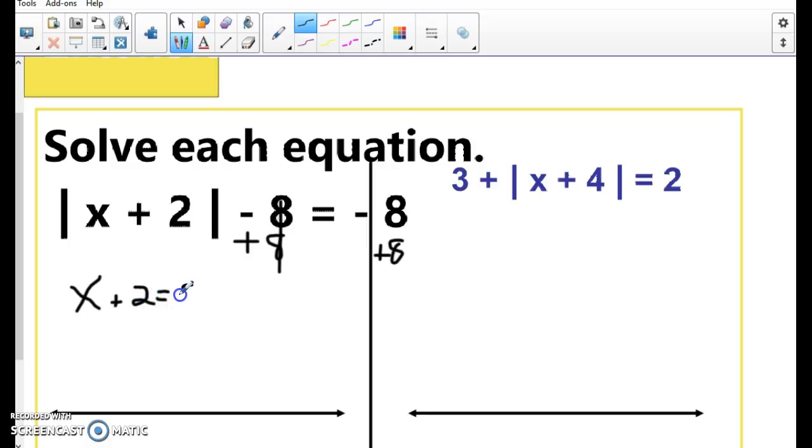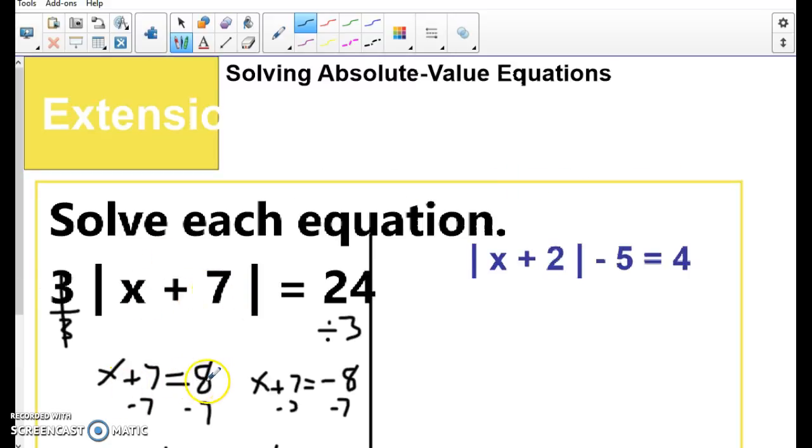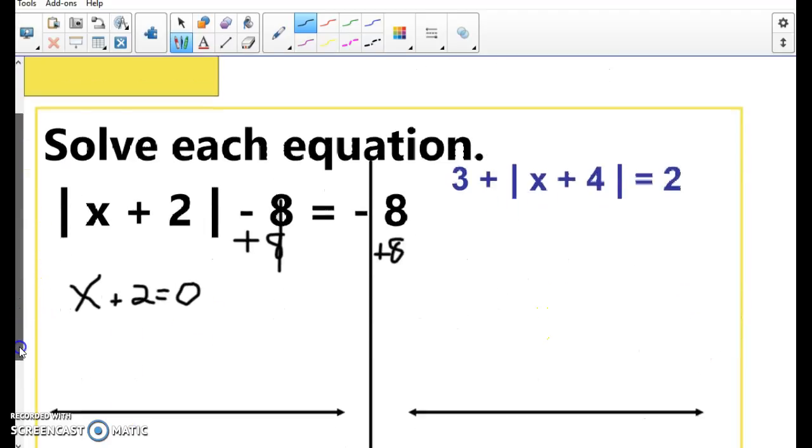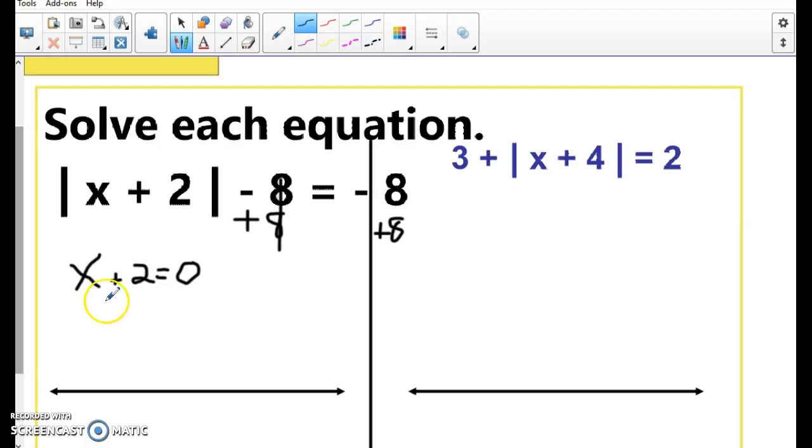Like we did before, we set up 2 equations normally, except remember our answer for the other equations was negative, like x plus 7 equals 8, and then x plus 7 equals negative 8. Well here, x plus 2 equals 0, there's no way I can set up x plus 2 equals negative 0. So this is the one time when my answer equals 0, I'm only going to have one answer.